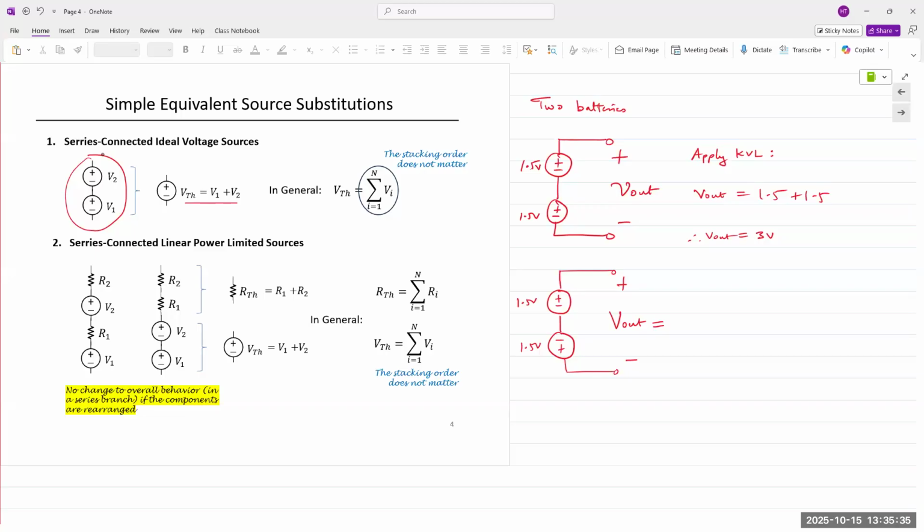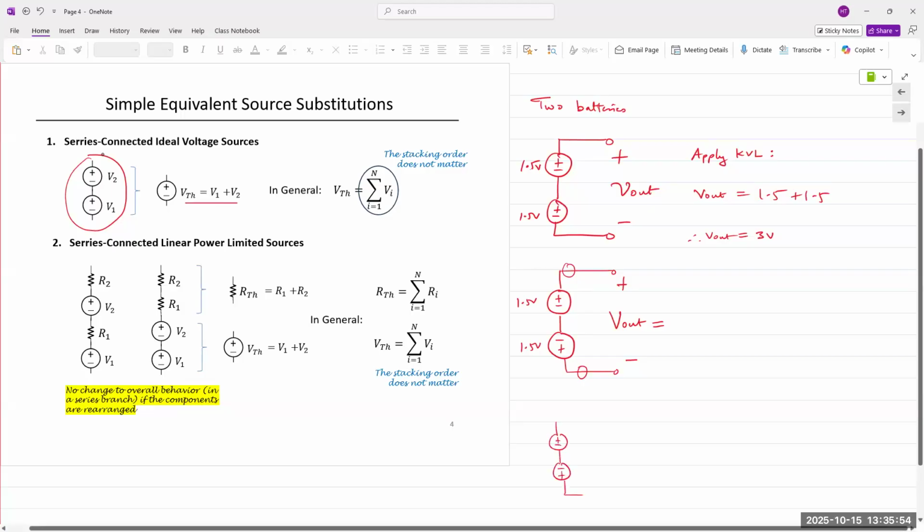So the question being asked is if there were 3, perhaps one more here or here. Yeah, you'd simply apply KVL to find the value. The answer would be 1.5 volts. If it was connected like this, with minus plus, V out is 1.5 volts.